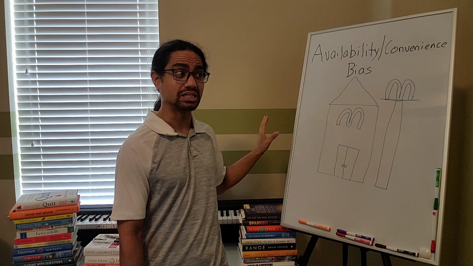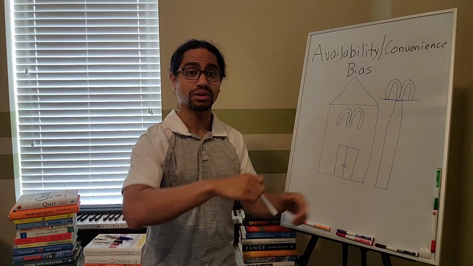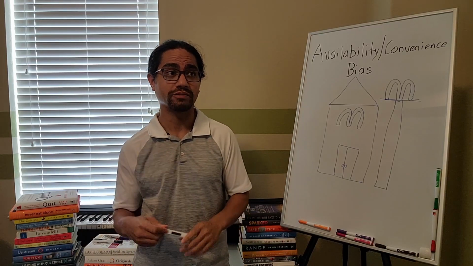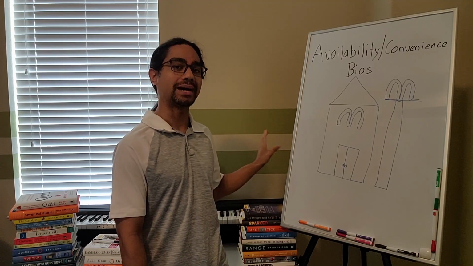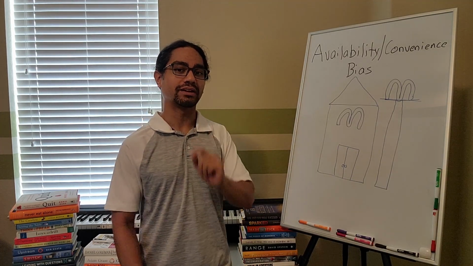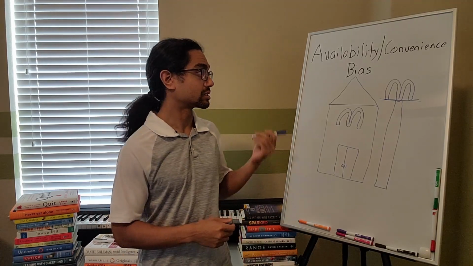Henry's could be dangerous, and thinking about whether we want to eat there or not could use some brain power we're going to need to get away from a tiger that is trying to kill us. If we eat at Henry's, or if we even think about doing that, then we're not going to have that energy to get away from a tiger. Basically, that's what this bias is about.